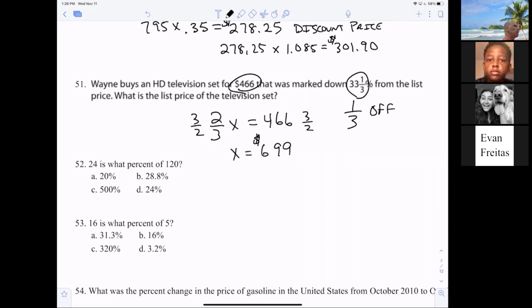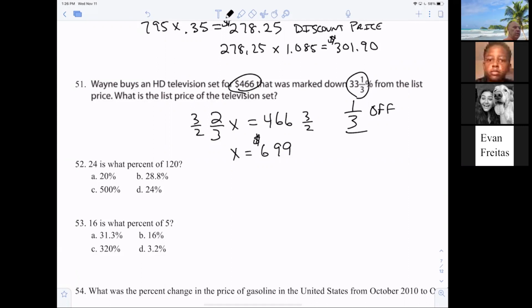Yeah. What? Divided by 2/3. Yes, you can do 466 divided by 2/3, or you can do 466 times 3/2. Those are your options there. What would be that? 699, right? Did anybody else get 699? Yeah, I know. How do you even do this? I'm confused. With what? Well, where'd you get the 3/2 and 2/3?